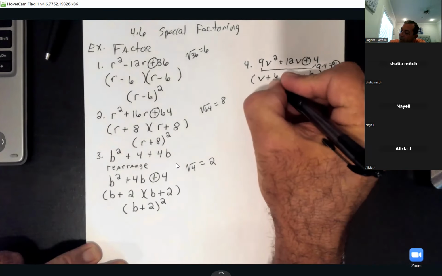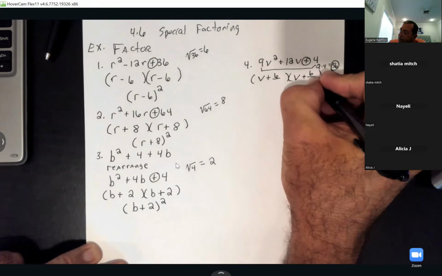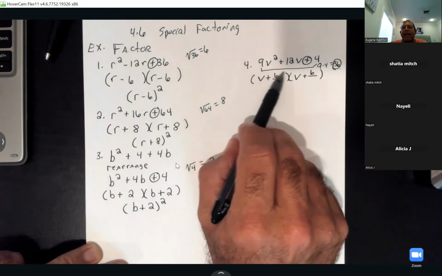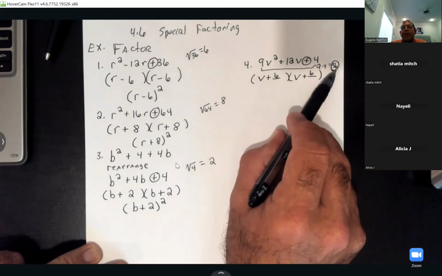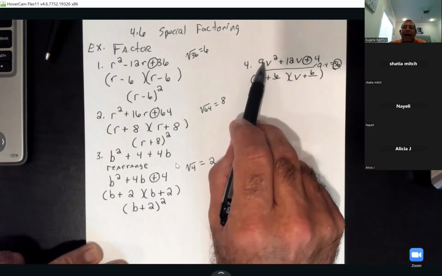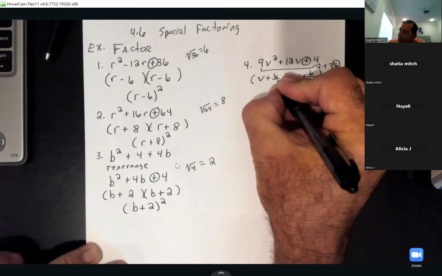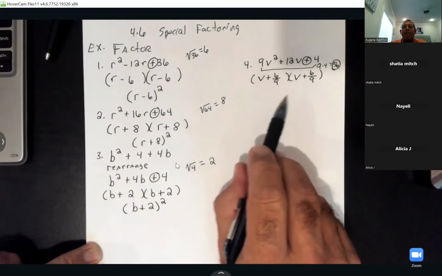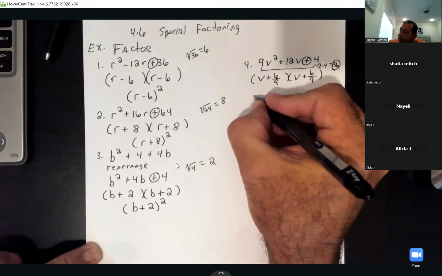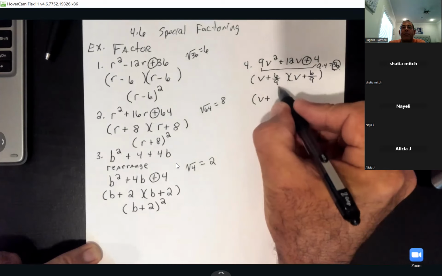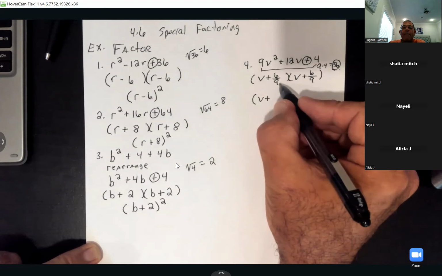But do y'all remember? Since I had to use that 9 to multiply by the 4 to get to 36, once you got your two numbers, you got to divide that 9 back out from both of our factors. Our next step was to reduce these fractions if we could.